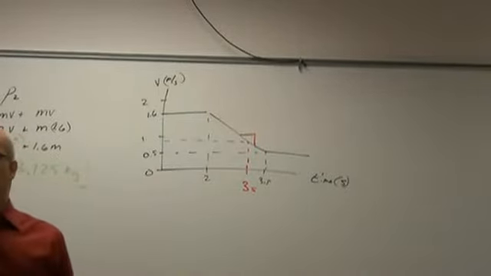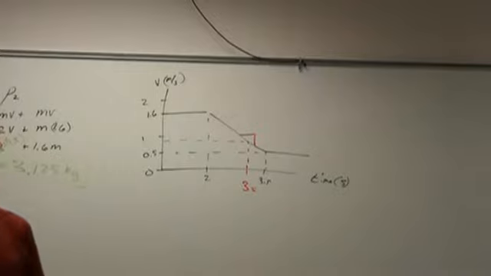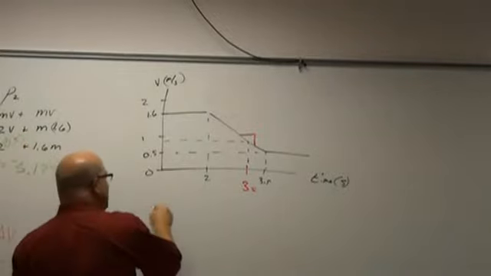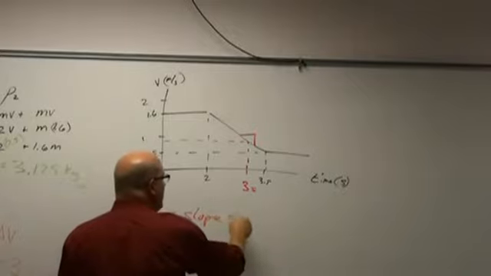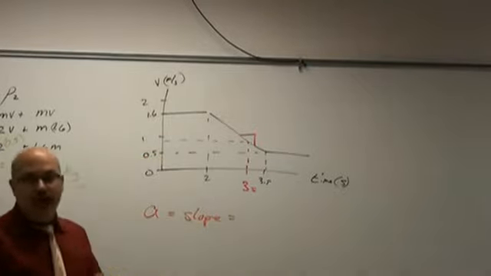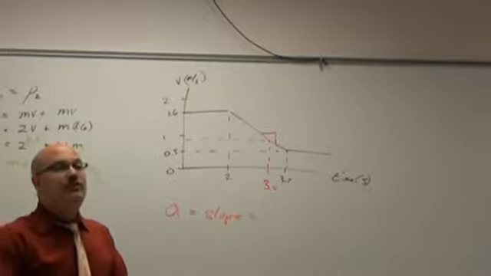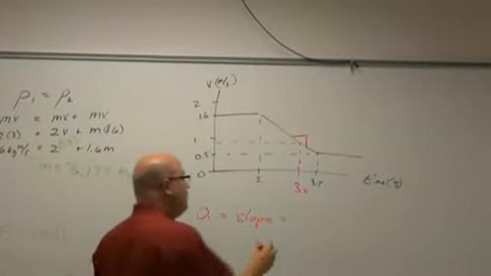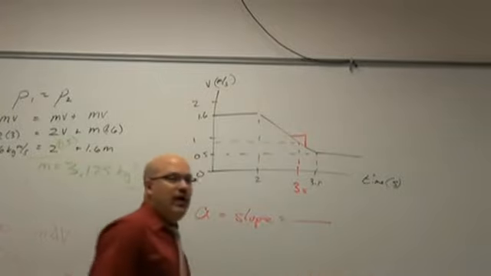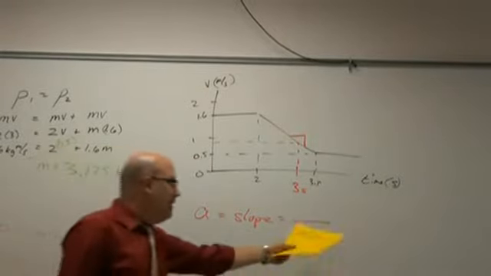Now, let me give you a couple words of caution. If it says that you need to find the acceleration, and the acceleration equals the slope of this graph, it says calculate. Calculate means show your work. So you need to show how you found your slope. Don't just put a number down.